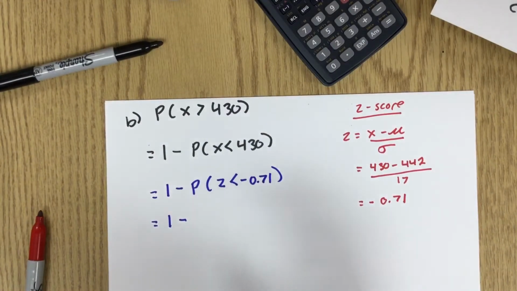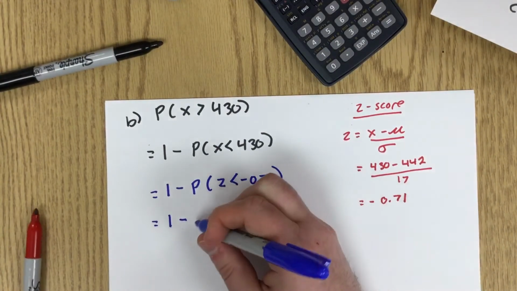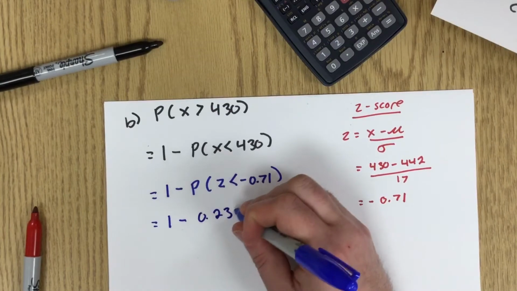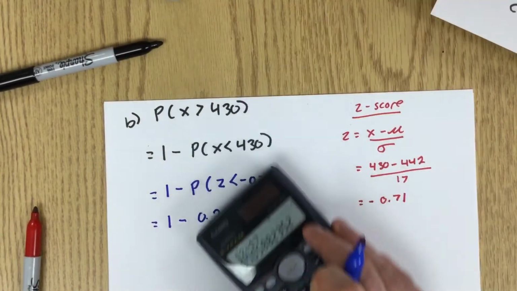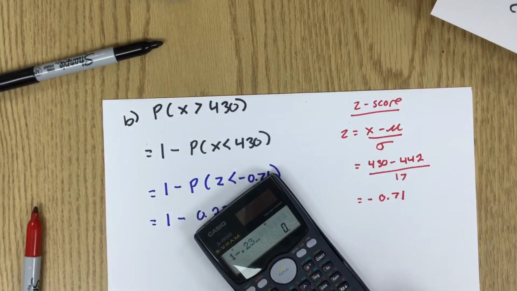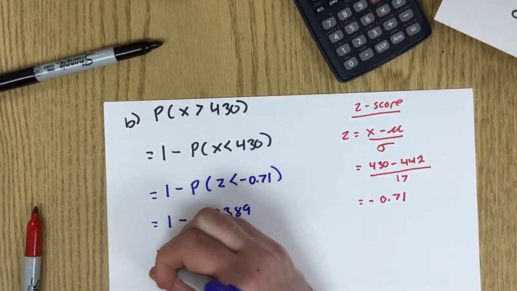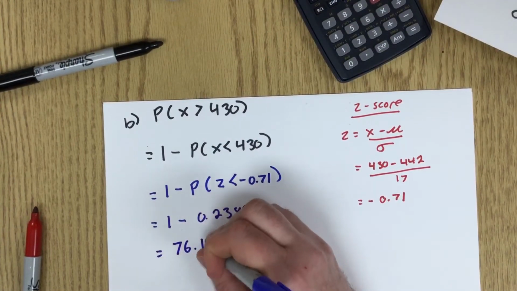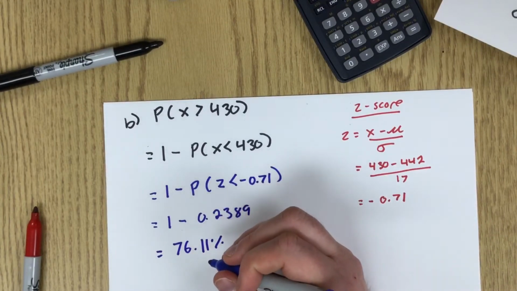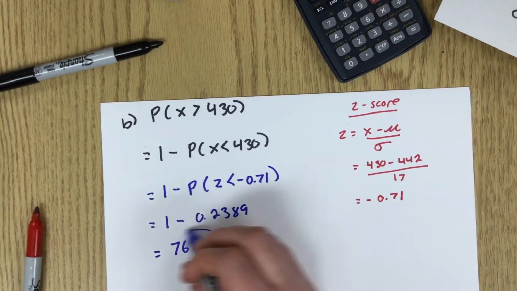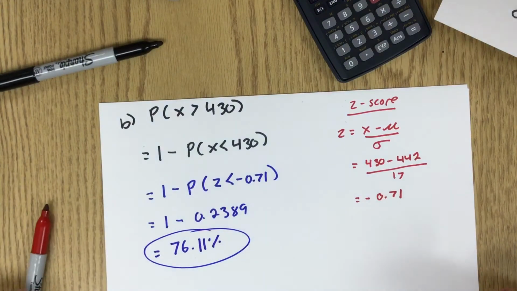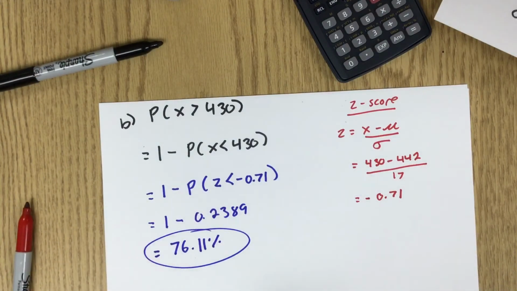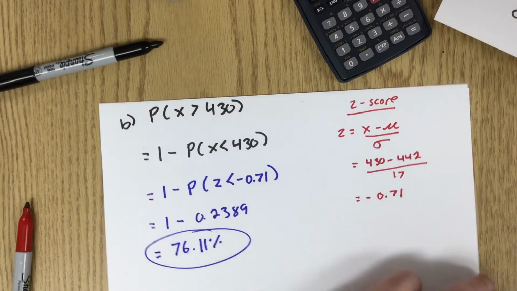So it's 23.89. And 1 minus 23.89 is 76.11, which is 76.11%. And obviously you would have to write a real answer. You'd have to say, therefore, the probability that a pig weighs more than 430 kilograms is 76.11%.